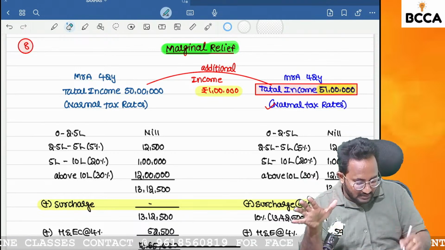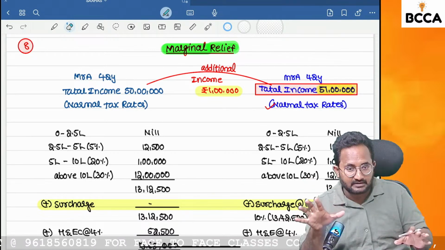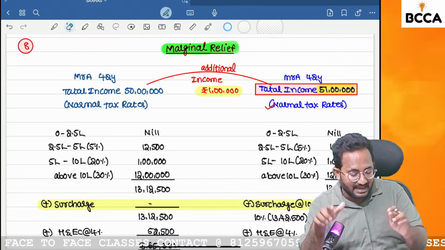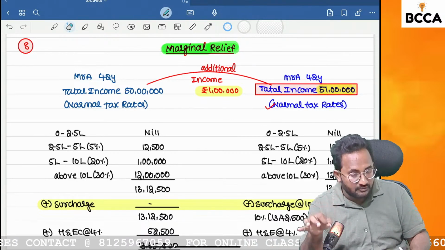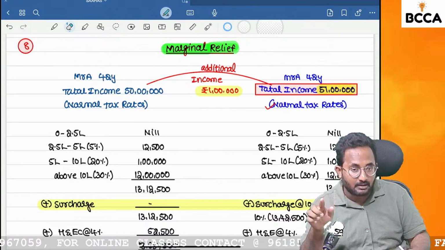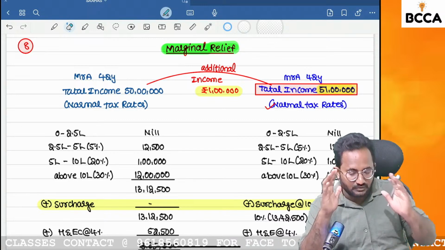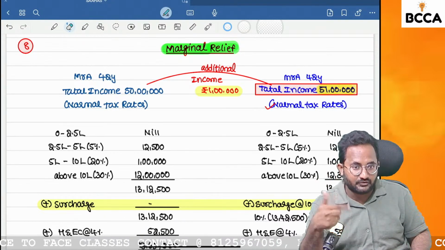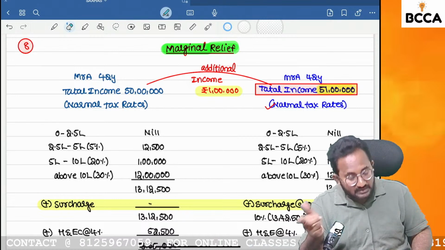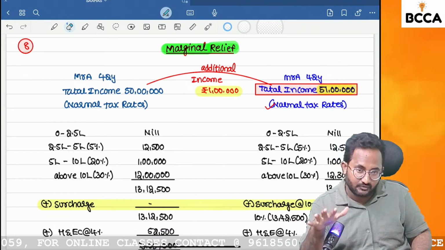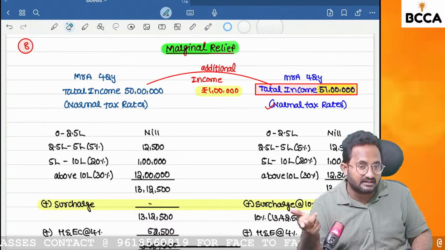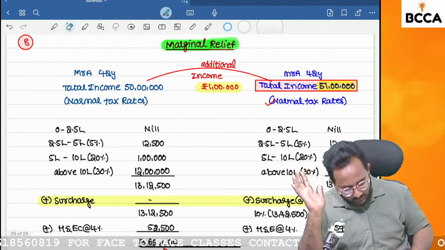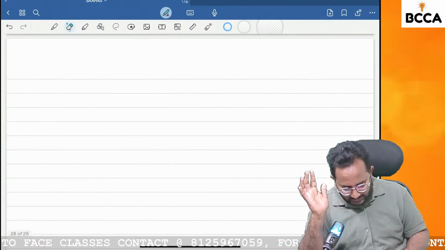So they want to give you the problem as please compute the tax liability of Mr. A having 42 years of age and he follows the normal tax rate, total income of 51 lakh. In this situation, you have to think, yes, what is the basic limit for surcharge in this case? 50 lakh. So more than 50 lakh, how much income is there? 51 lakh. There is a chance of marginal relief here. You need to think like that only. Okay. So how to calculate the marginal relief?